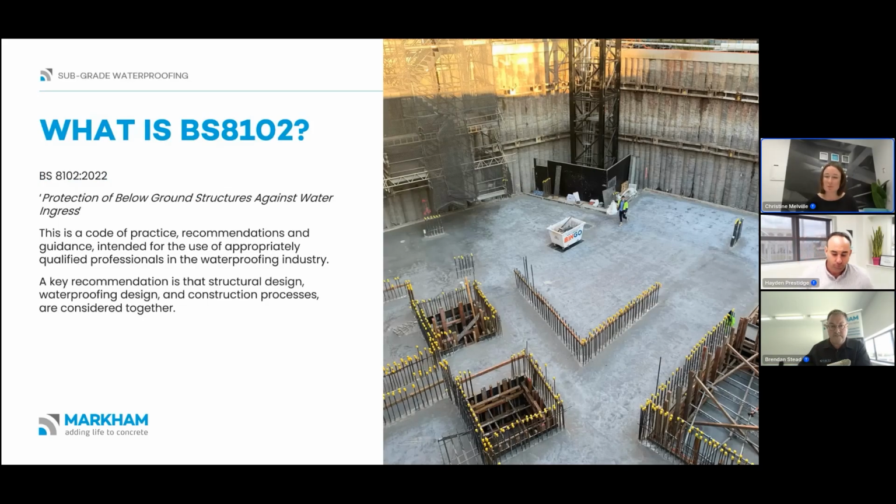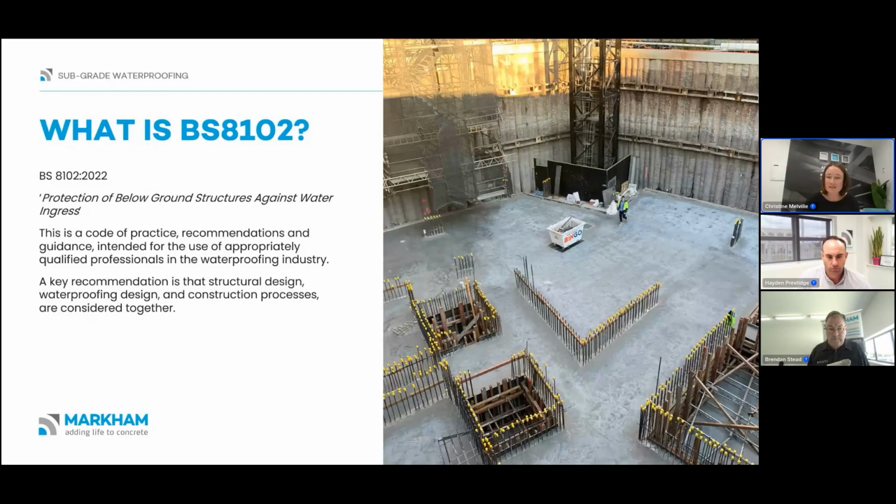Right, so to kick it off, what is BS 8102? I'm sure a lot of you have a range of familiarities with it, but it is the British standard for below grade protection of below ground structures against water ingress. It's been through an array of titles over the years, and this last one is intended to capture the intent to waterproof below ground structures, not just from groundwater, but from any ingress of moisture coming through.